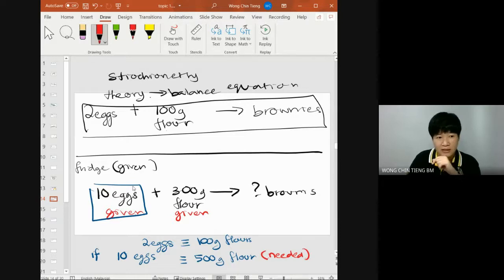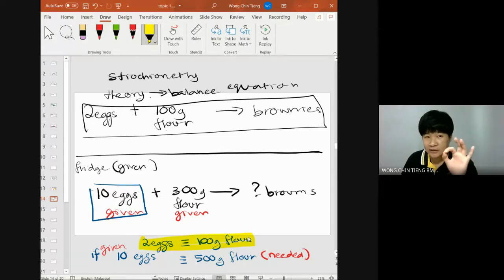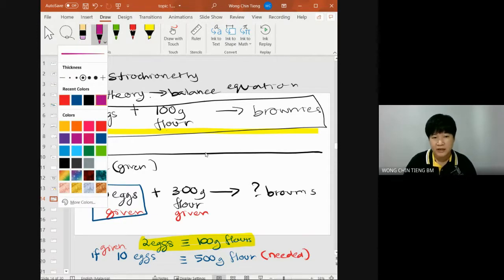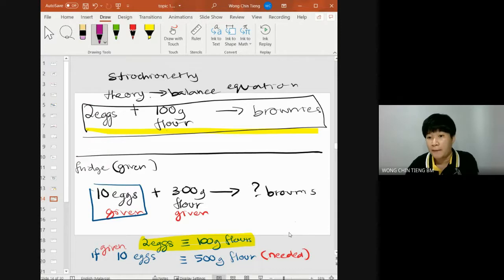Tengok cara Miss Wong kira. I will start on the left, adalah given. If given 10 eggs, okay? Kita kira berapa kawan tu needed. And before that, yang atas sentiasa adalah teori. Daripada mana? Equation. Okay? And then ada yang needed. Yang needed yang kita nak sebenarnya. When you already have the needed, then what do you do? You compare. Right now, I need 500 gram.